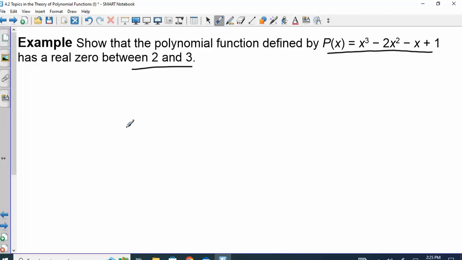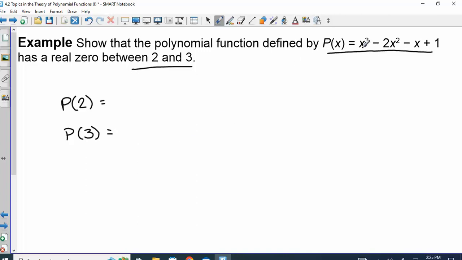So what we're going to do is plug each of these into the function. So I have to actually figure out what P of 2 and P of 3 are.